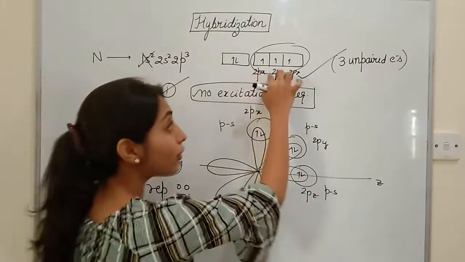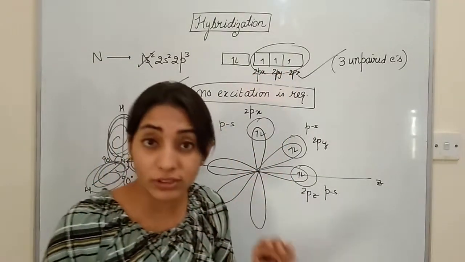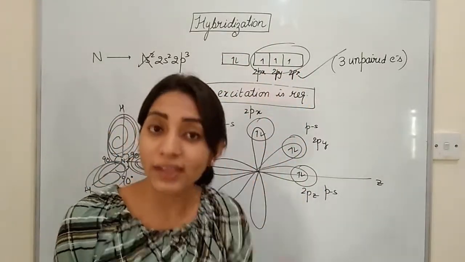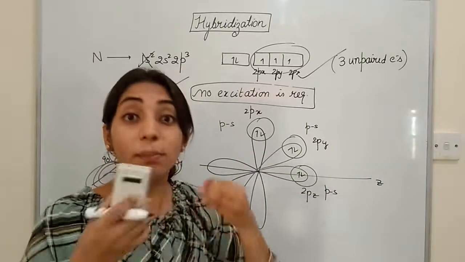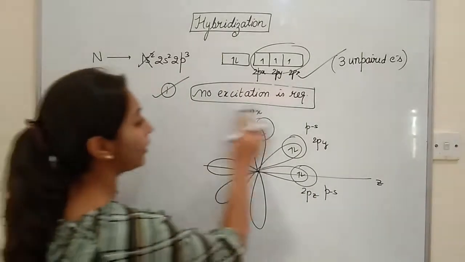So although there might not be any hybridization, if hybridization does not occur, the 3 p orbitals will form bonds at 90 degrees, which is a very unstable thing that we do not want at all.